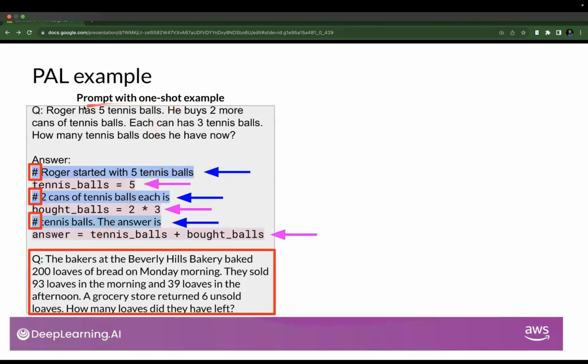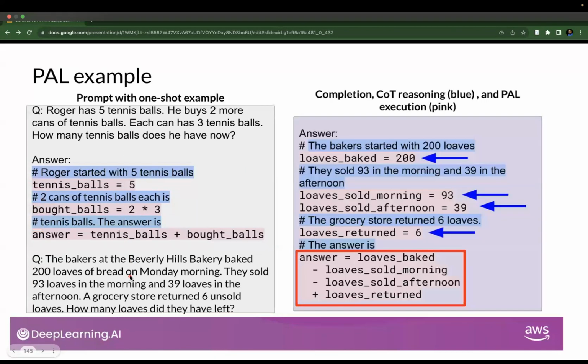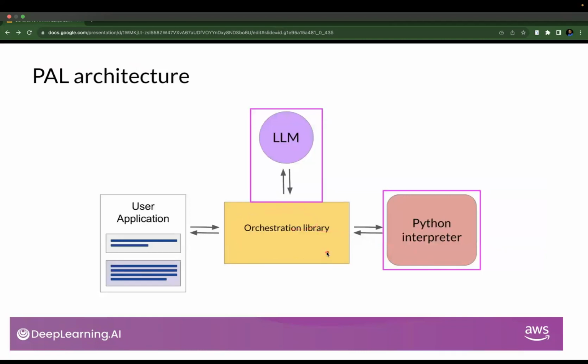So if you provide one example of such a situation, and then you ask a new question, hopefully the LLM should be able to give you generated Python text along with the comments which explain the steps, the reasoning involved, and this whole code can then be run against the Python interpreter to get a response. And that is the duty of the orchestration library.